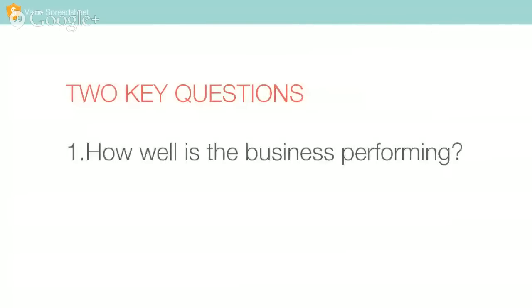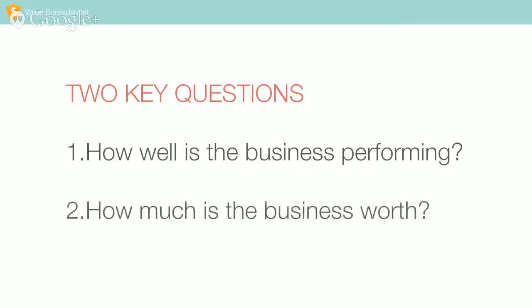How well is the business performing? That's the first question you will have to answer. And the second question is: how much is the business worth? I've been studying the strategies of Benjamin Graham, Warren Buffett, Mohnish Pabrai, Philip Fisher, John Templeton, and many other legendary investors for years now. And even though the details of their strategies differ, they all base their decisions on those two key questions.